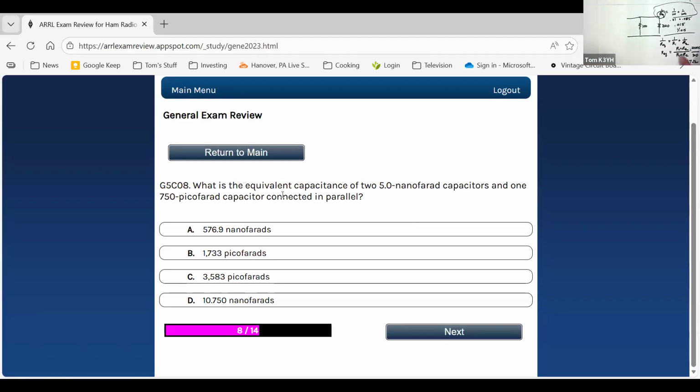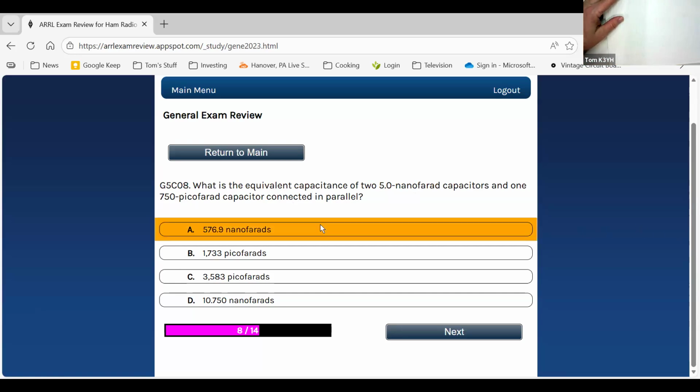So you've got 2 things that you have to worry about here. You've got 2 5 nanofarad capacitors and 1 750 picofarad capacitor, and they're all connected in parallel.